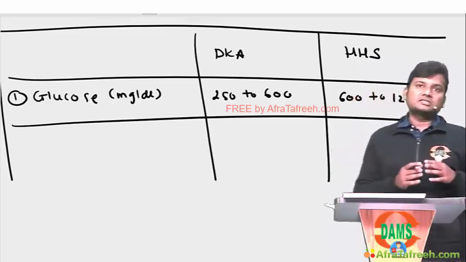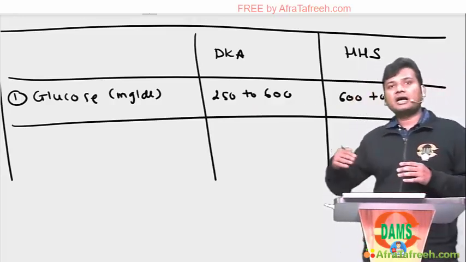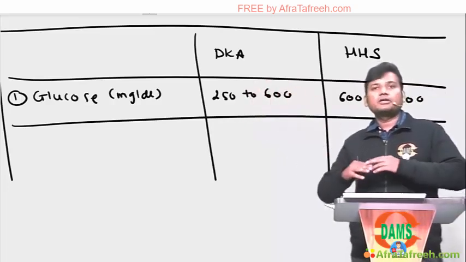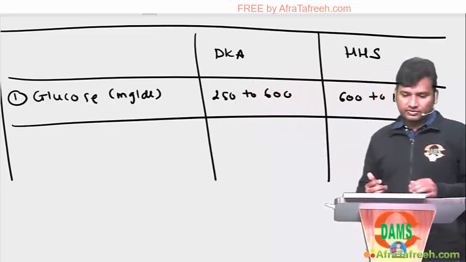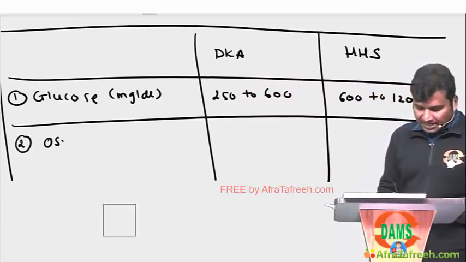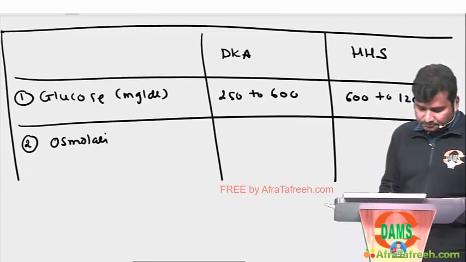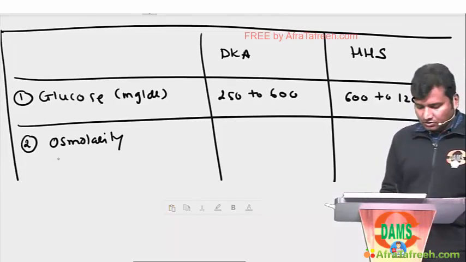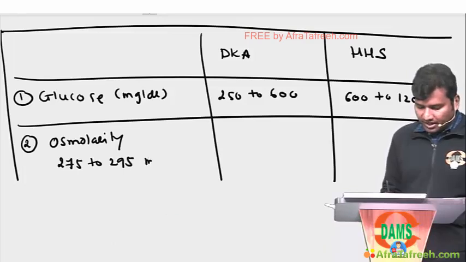Okay, so generally HHS has high serum osmolality as compared to DKA. In both patients, glucose level will increase, so in both patients serum osmolality will also increase. Normal serum osmolality is 275 to 295 milliosmol per liter.